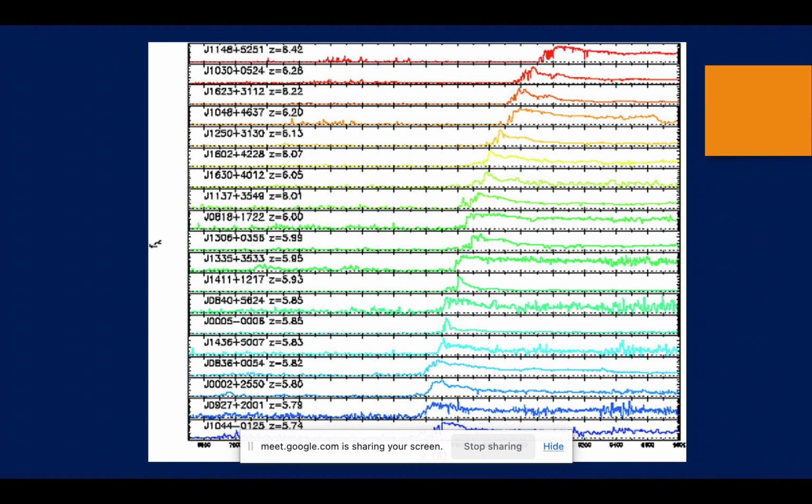Why do we need to actually look in the infrared part of the spectrum? Because the spectral lines which would have come from a galaxy in the optical part of the spectrum, because this galaxy is far away from us, get Doppler shifted to the redder part of the spectrum, and therefore would be observable only in the infrared part and not in the optical part.